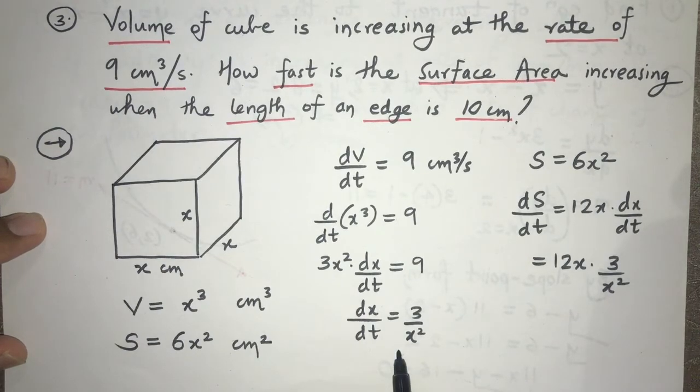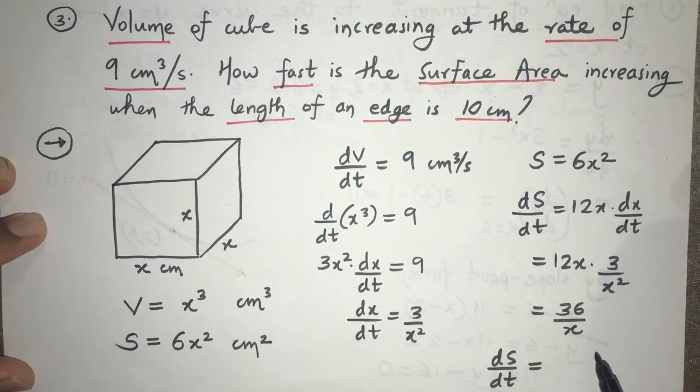Okay, here dx by dt is 3 by x square, and once you put that, what you get is 36 by x. So what is ds by dt equal to? We are going to get ds by dt when the edge is 10 centimeters, when x is 10 centimeters.